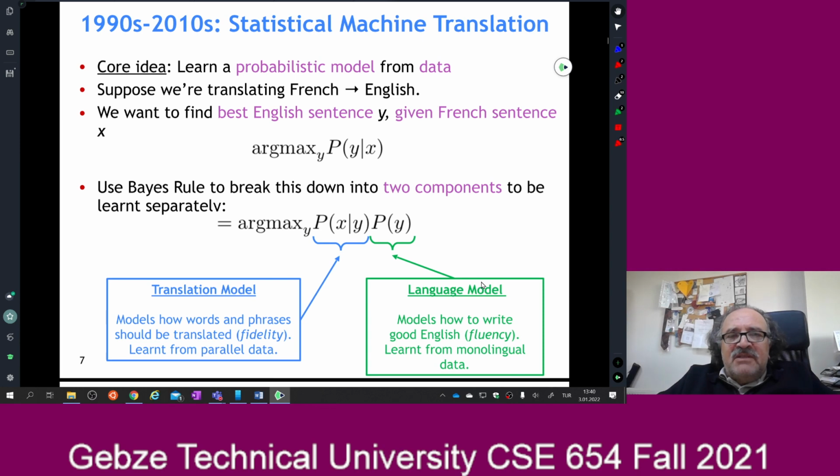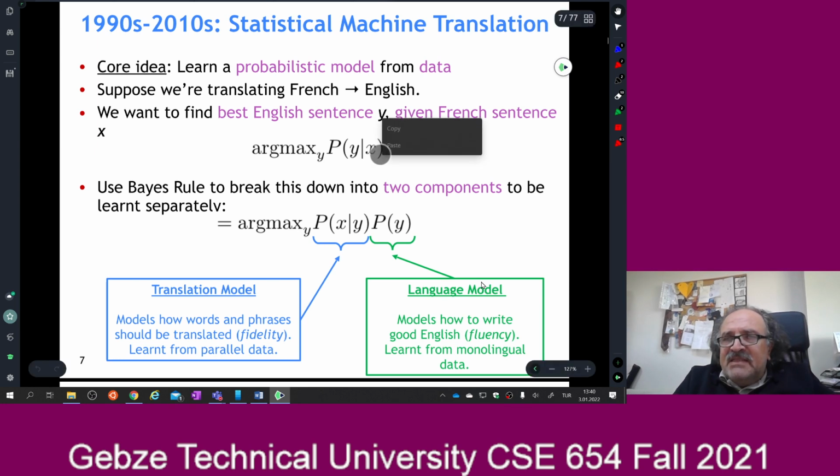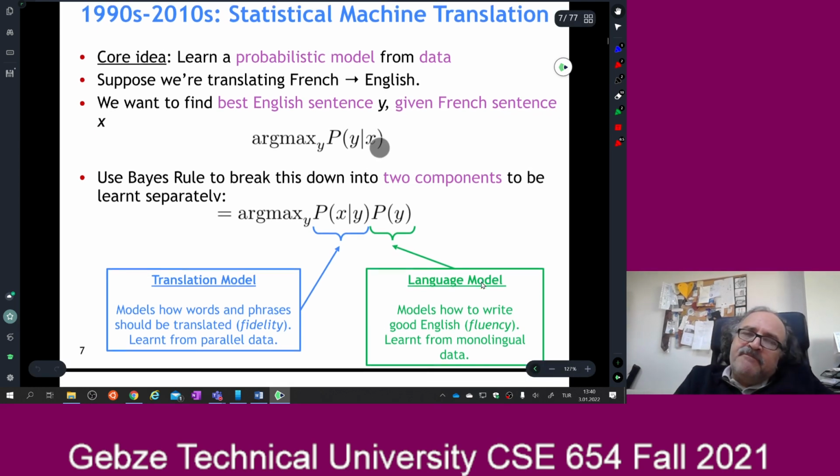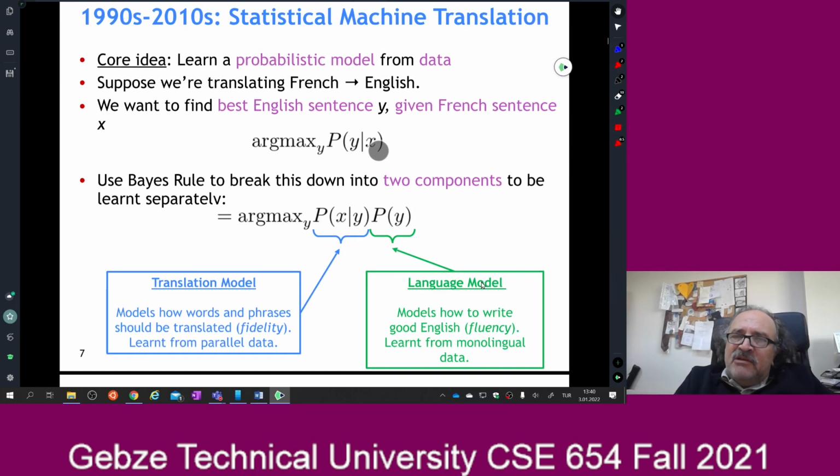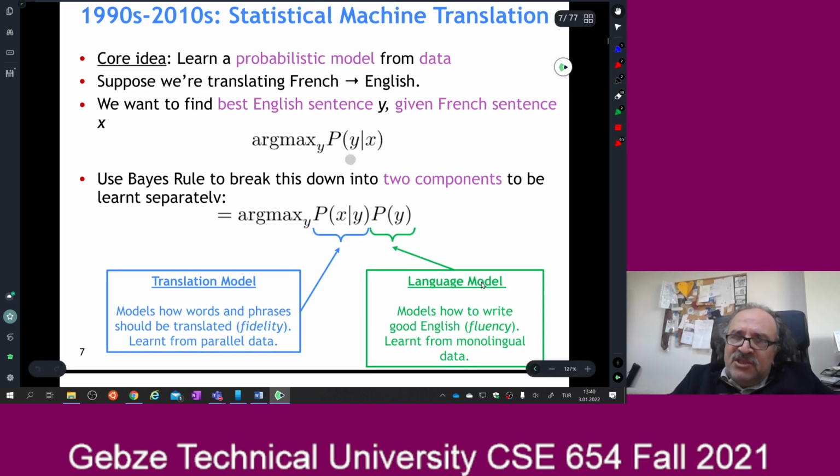So suppose we have such a data set, and we would like to develop a probabilistic model between these two languages. We want to find the best English sentence given the French sentence. You are given the French sentence, let's say with maybe 10, 15 words in it. I would like to express the same sentence in English.